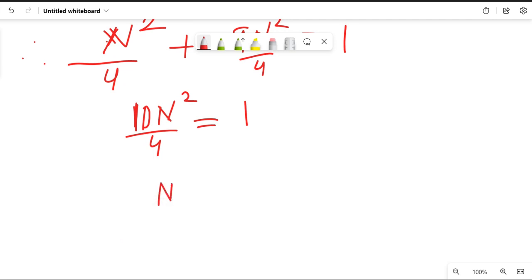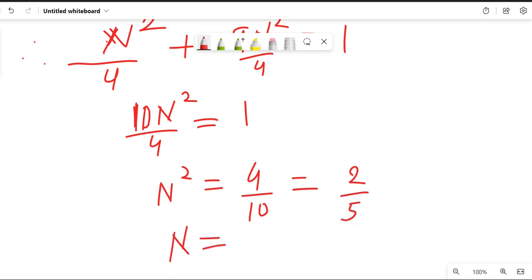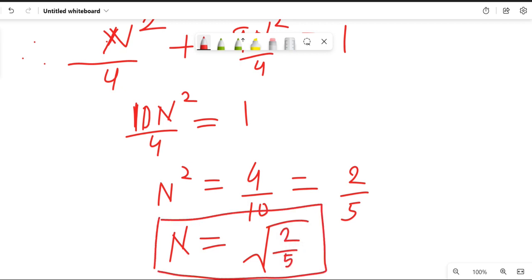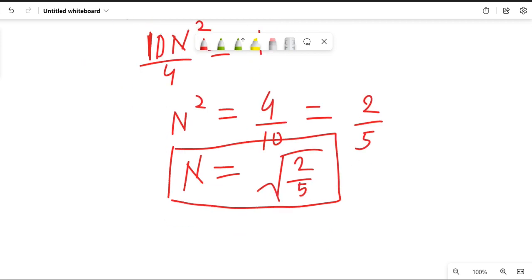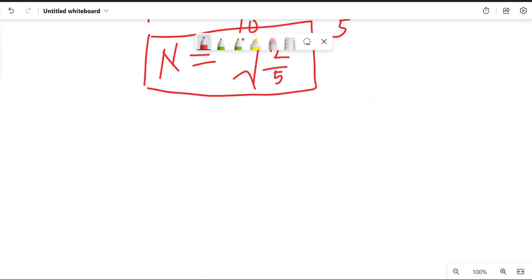Now N square will equal 4 by 10, so it will be 2 by 5, and your normalization constant comes out to be under root 2 by 5. Now again substitute this value in your wave function.